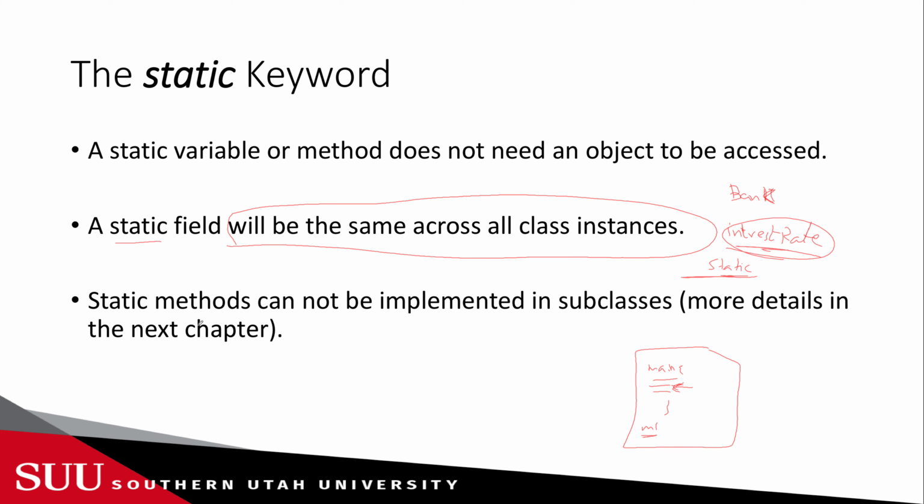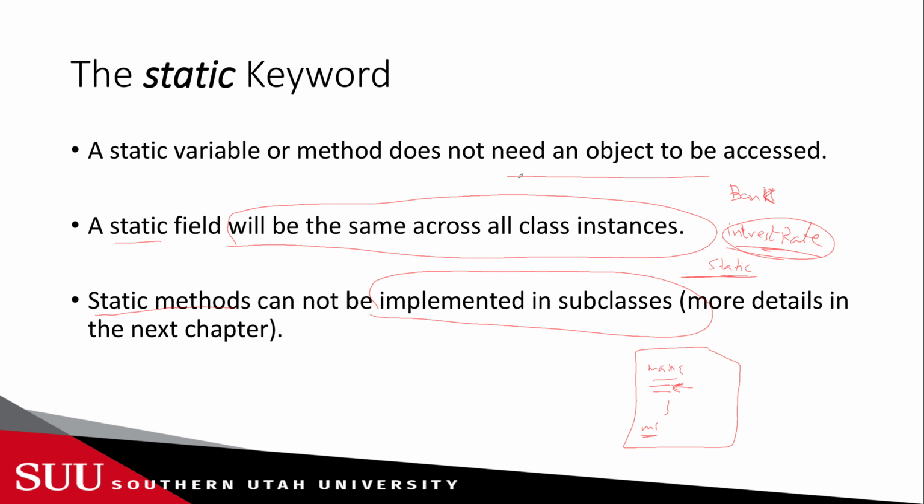Now, if we declare a method static, it cannot be implemented in subclasses, and we'll have more details in the next chapter as well when we talk about inheritance. So we have these uses for static. A variable or method will not be accessed with an object, so we don't need an object to access the method.